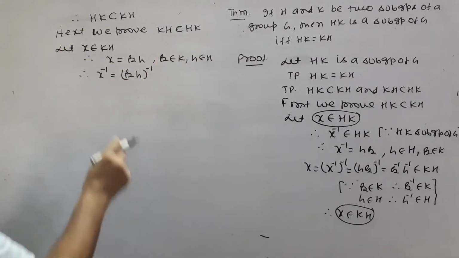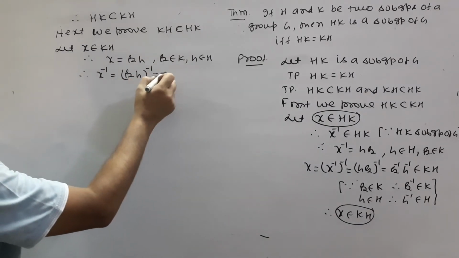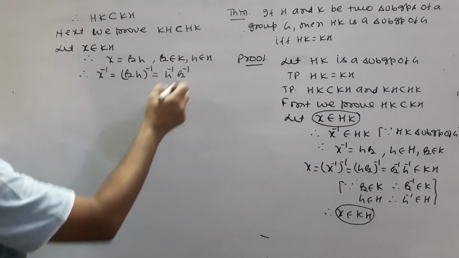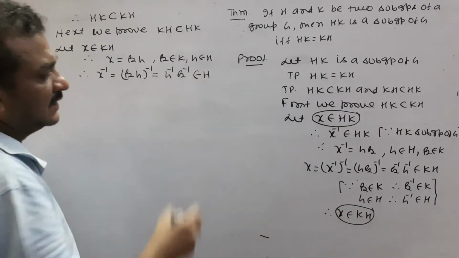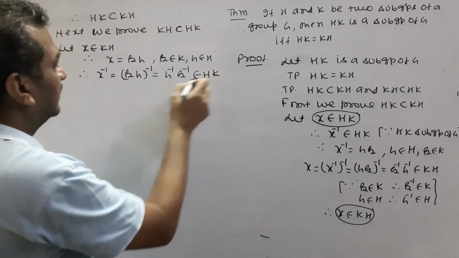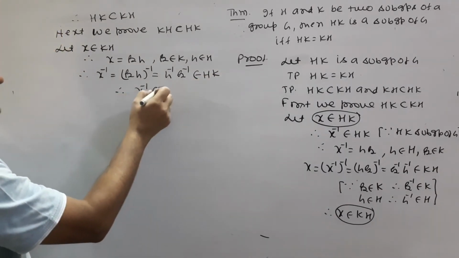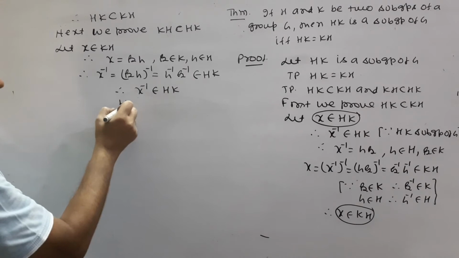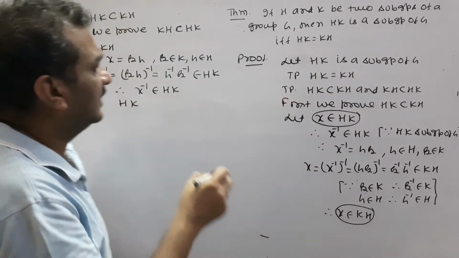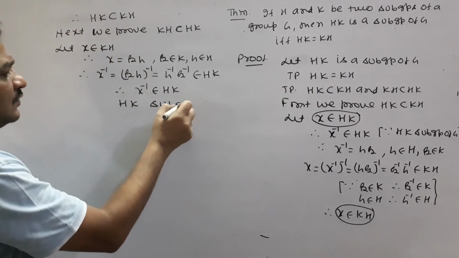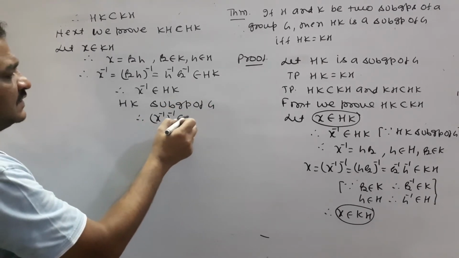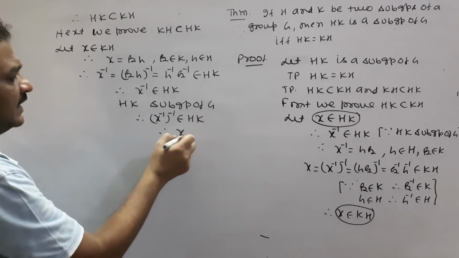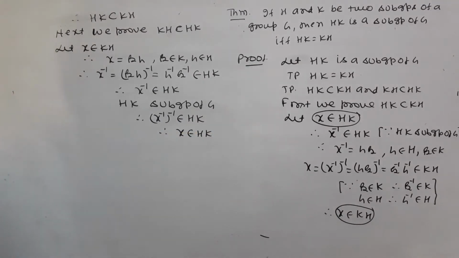So x inverse equals h inverse k inverse. Beta, h inverse belongs to H, k inverse belongs to K. So x inverse belongs to HK. HK is given to be a subgroup of G, so the inverse of x inverse will also belong to HK. So x belongs to HK. Clear point, beta.